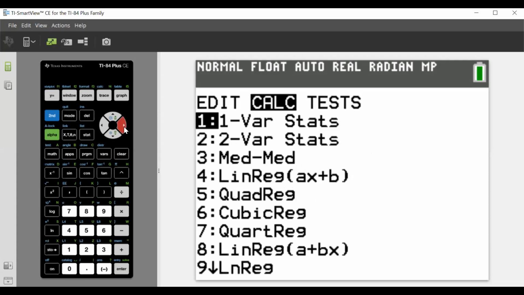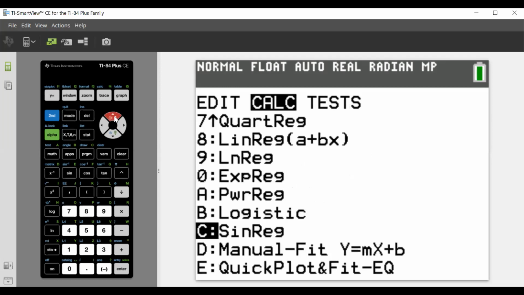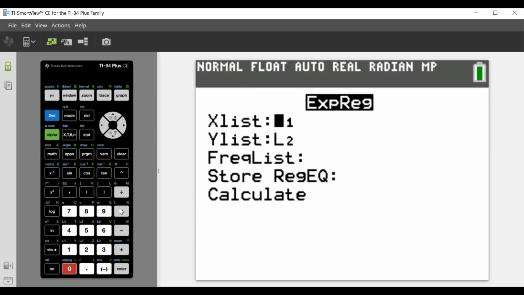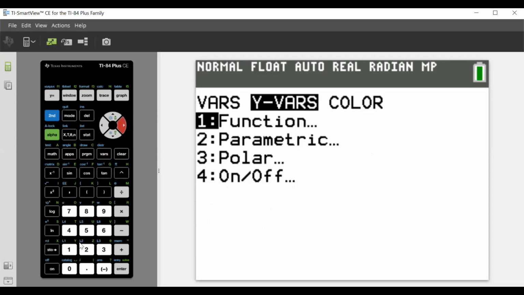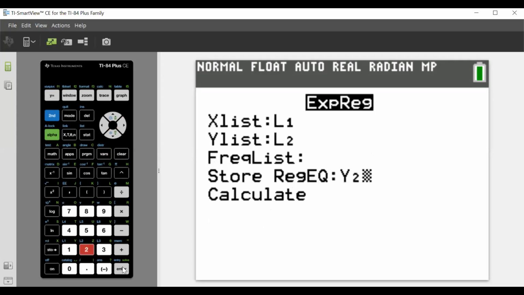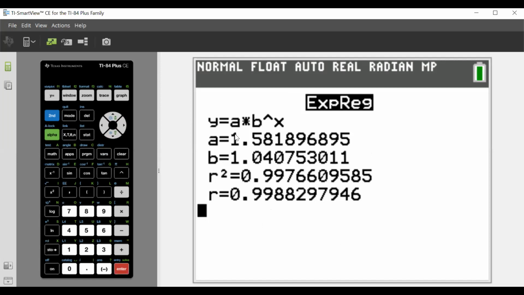So we'll go here to calc and do exponential. And so exponential was number 0. And so we go down and we're going to put that in Y2. And so here we have A, so it's going to be 1.582 times 1.041 to the x.